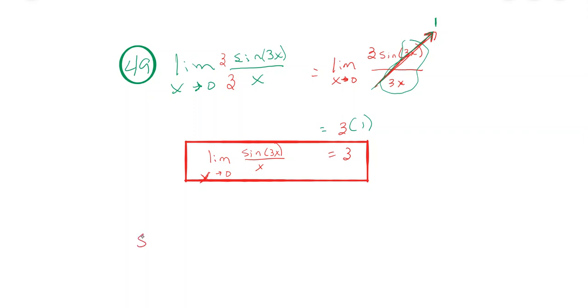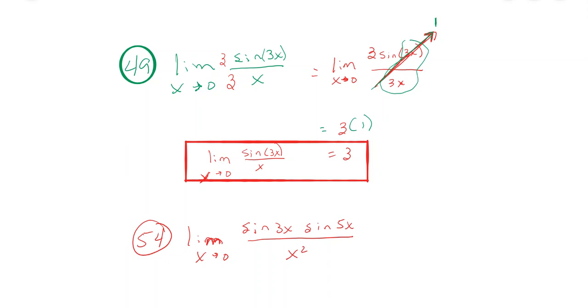So let's do 54. And 54 says the limit as x goes to 0 of sine 3x sine 5x over x squared.